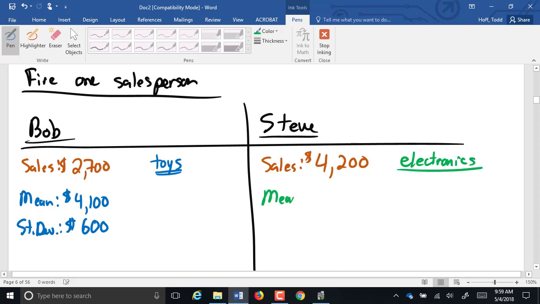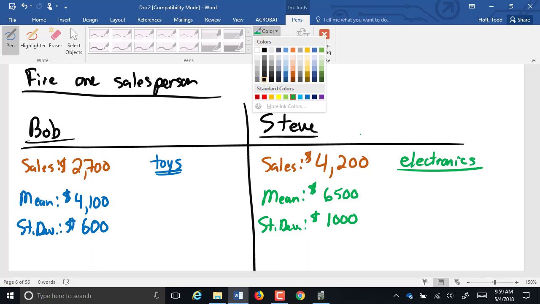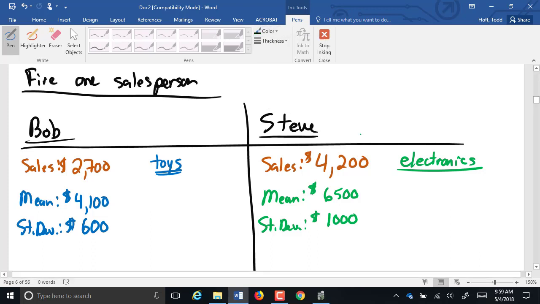For all people that work in electronics, the mean sales were $6,500 with a standard deviation of $1,000. You think Steve's out the door?